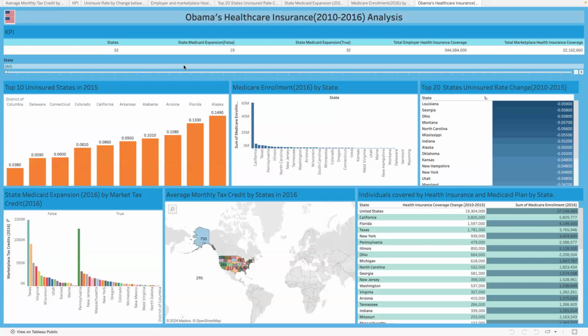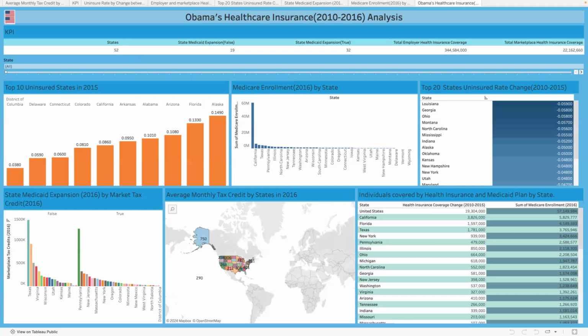Our visualization tool is Tableau, and these are our KPIs. The number of states: we have 51 states, where the US was added to know the total population of citizens that benefited from the state Medicaid expansion.